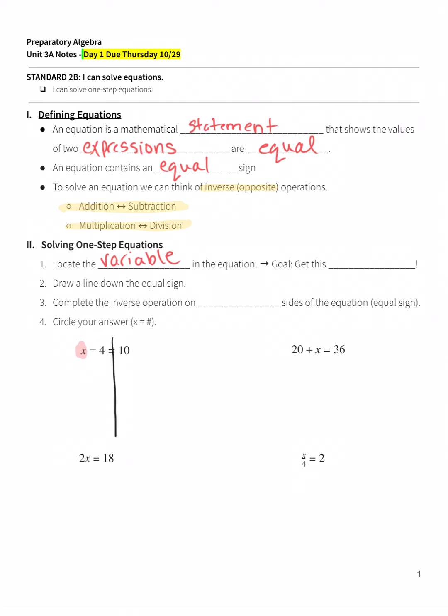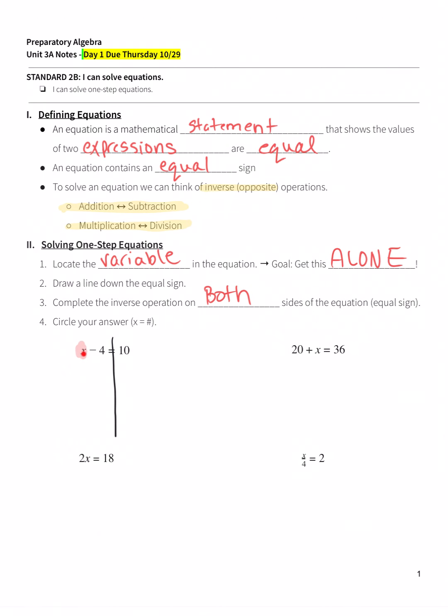Now next, we are going to complete the inverse operation on both sides of the equation. And when I say on both sides of the equation, I mean on both sides of the equal sign, and then we'll circle our answer. The reason that we're doing this is we're trying to get the variable alone. We want it all by itself, alone on one side of the equation, because when it's alone, we know what its value is.